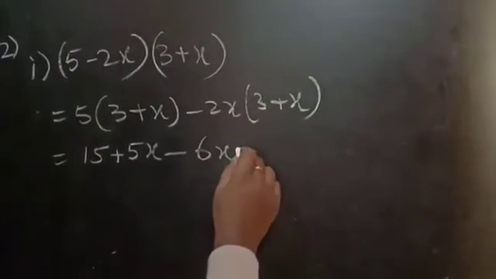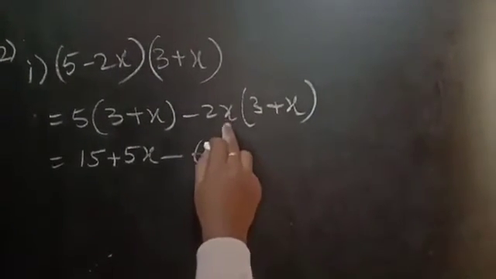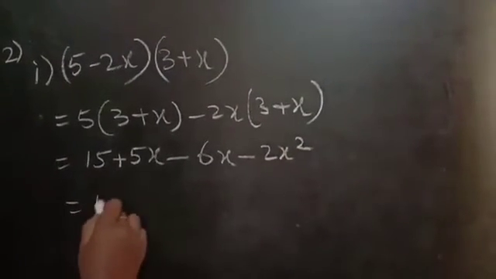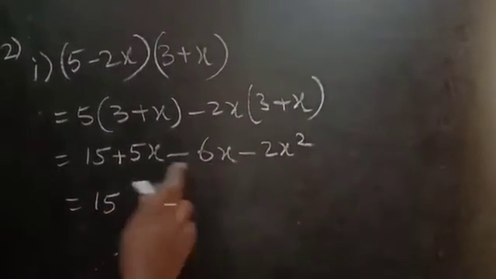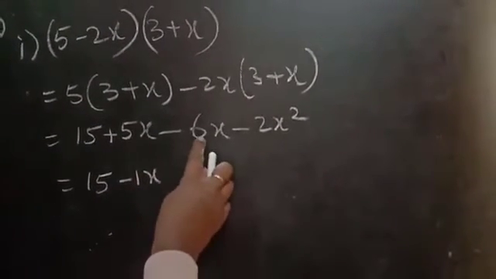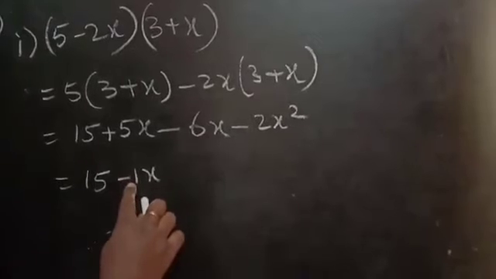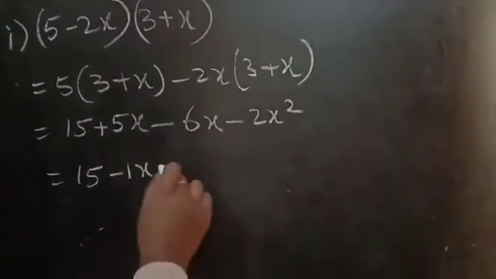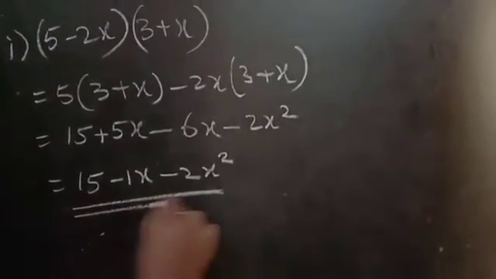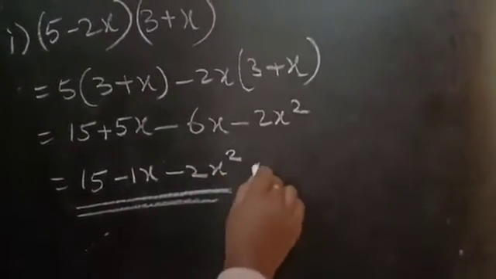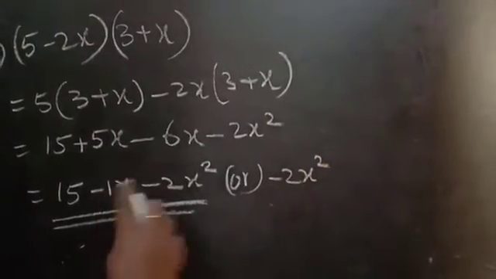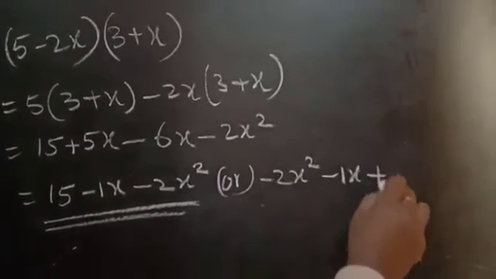Minus into plus, minus 2x into x, 2x square. So here 15, minus 6x plus 5x is minus 1x. Because the minus sign is on the bigger number, we write minus 2x square. This is our answer: minus 2x square minus 1x plus 15.